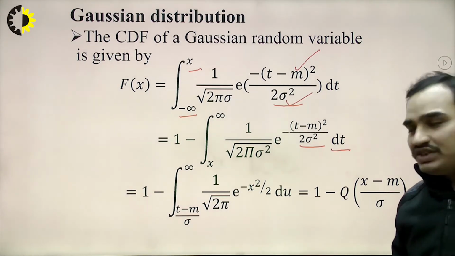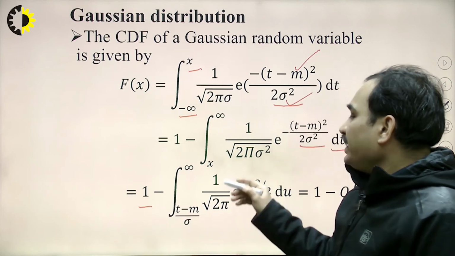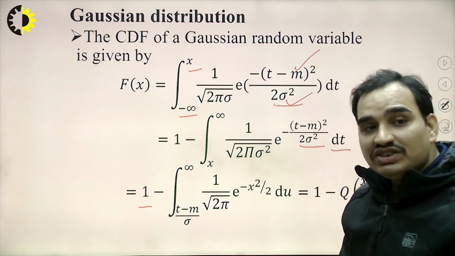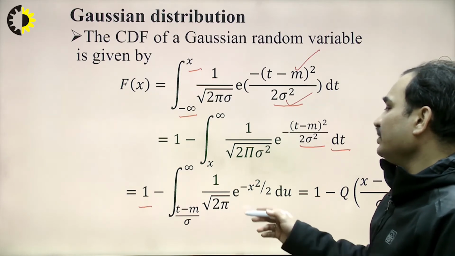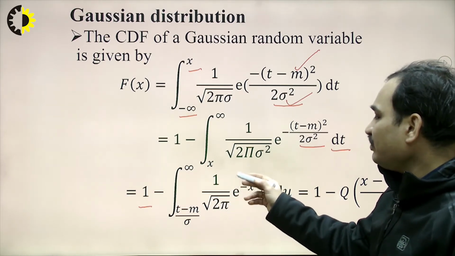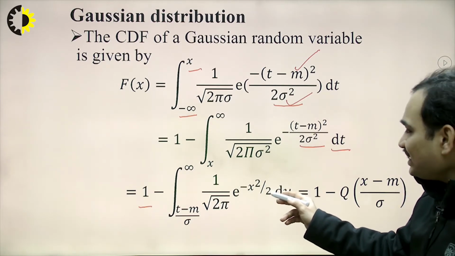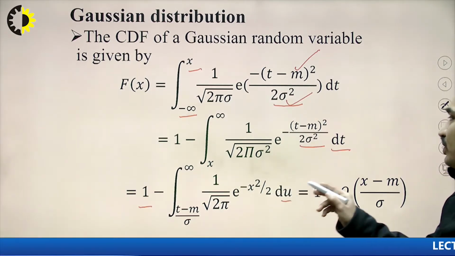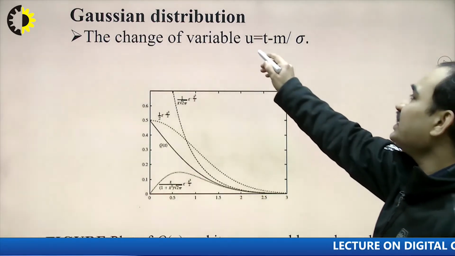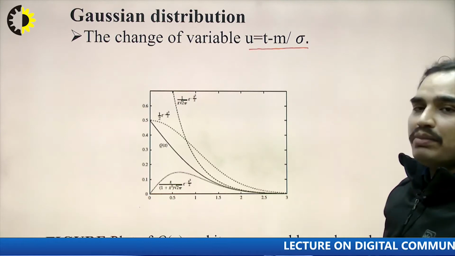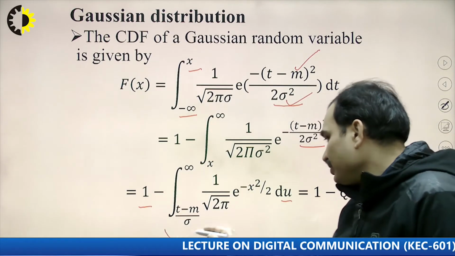To solve it, we get 1 minus an integration, where we have interchanged the limit and substituted u equals t minus m by sigma in this expression, and we get 1 upon root 2 pi exponential of minus u square by 2, du. While substituting it, we get this expression.